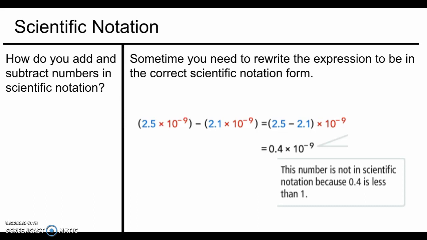This number is not in scientific notation because 0.4 is less than 1. In this case, we would move our decimal once to the right in order to write it in scientific notation. So that would be 4 times 10 to the negative 8th power instead of the negative 9th power.